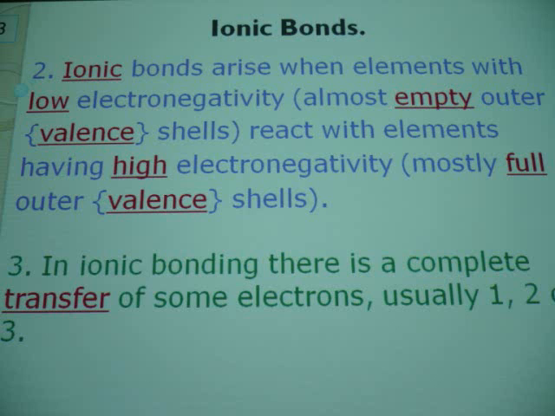If you have 1, 2, or 3, well, you need 7, 6, or 5 more, right? You have low electronegativity if you don't have more than half your shell. If you got 7 already, you need 1 more, you have a high electronegativity. You're drawing hard to get that electron.